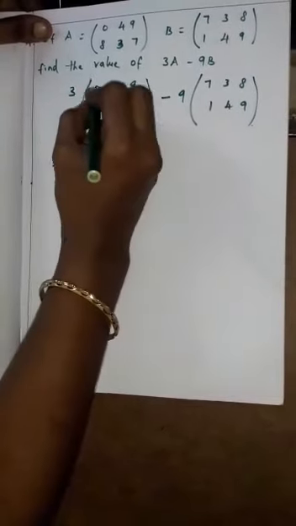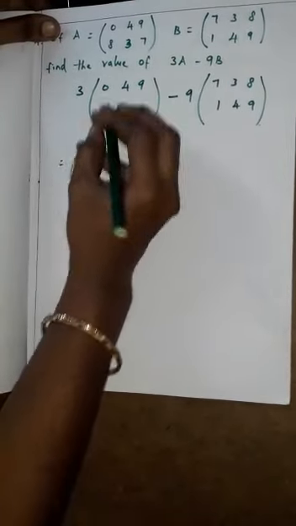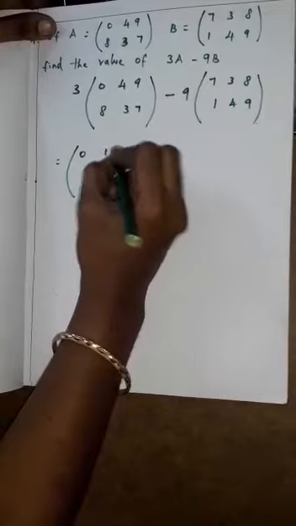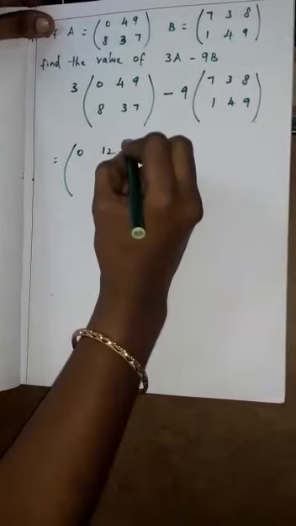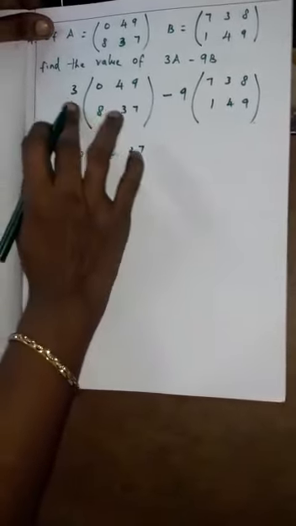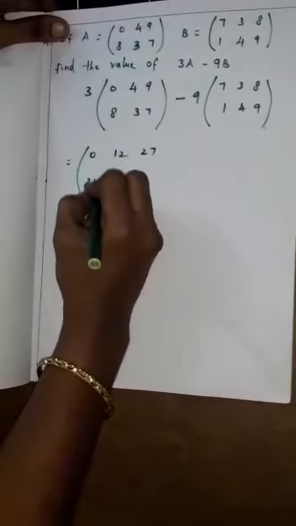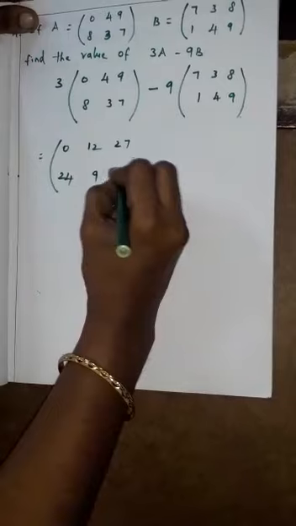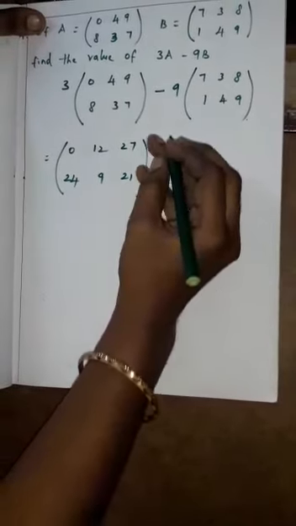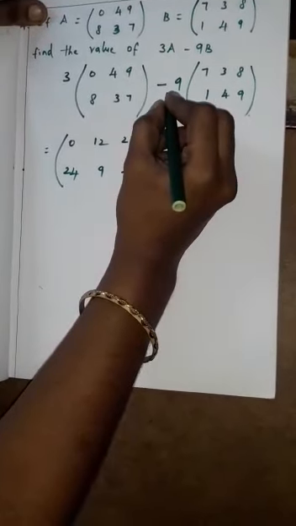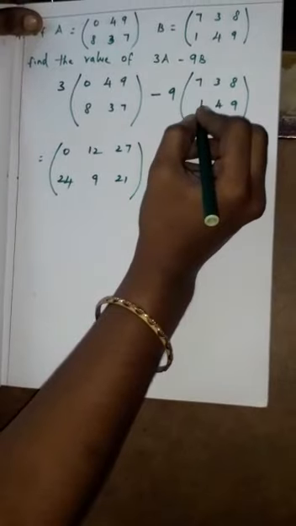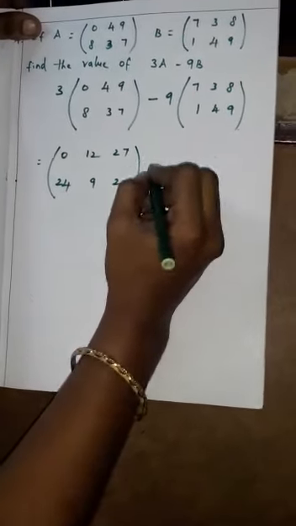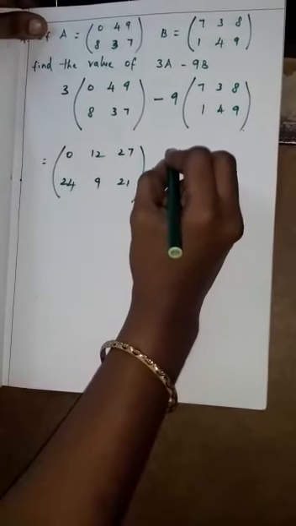First, 3 into 0 is 0. 3 fours are 12. 3 nines are 27. Then 3 eights are 24. 3 threes are 9. 3 sevens are 21, then close the bracket. The middle one is minus 9, so multiply all the terms by minus 9 too. The middle sign applied is a plus symbol.